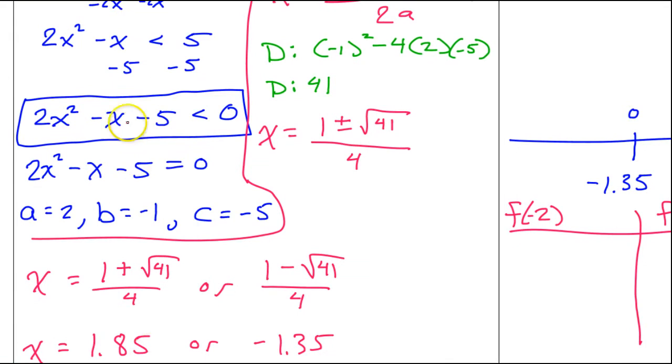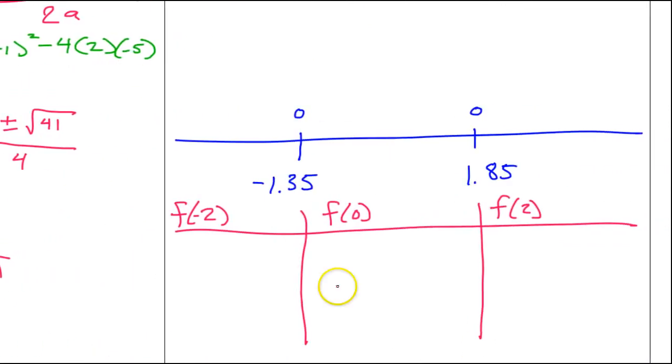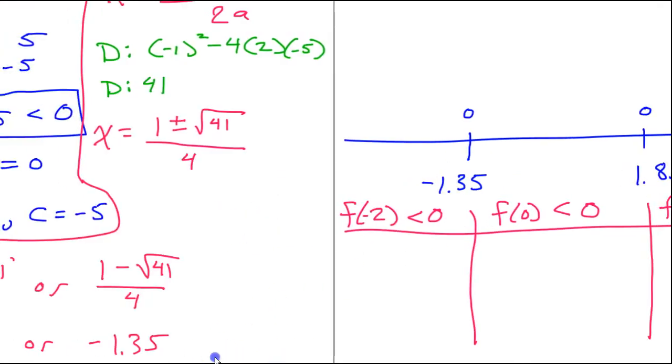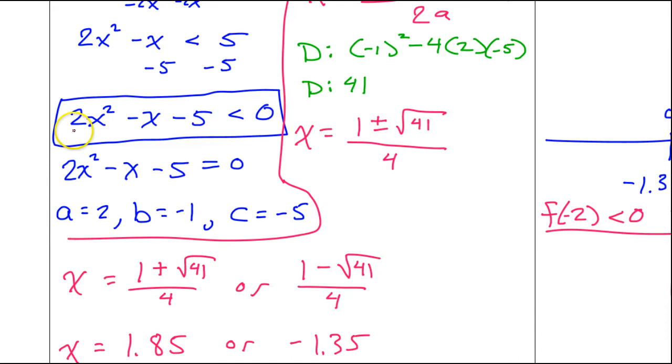Now, again, solutions will be values that cause the function to be less than 0. So in each case, I'm going to ask myself, is the function less than 0 here? So let's use the calculator to help us test these values. Go ahead and put the left side of the inequality into the table feature of your calculator. So this is 2x squared minus x minus 5.